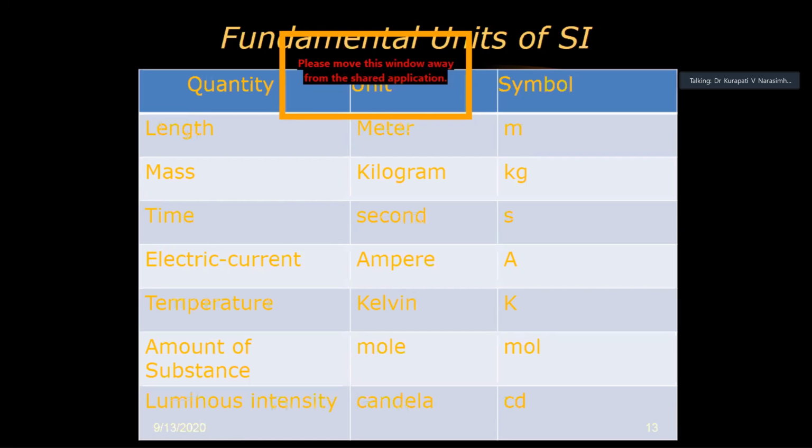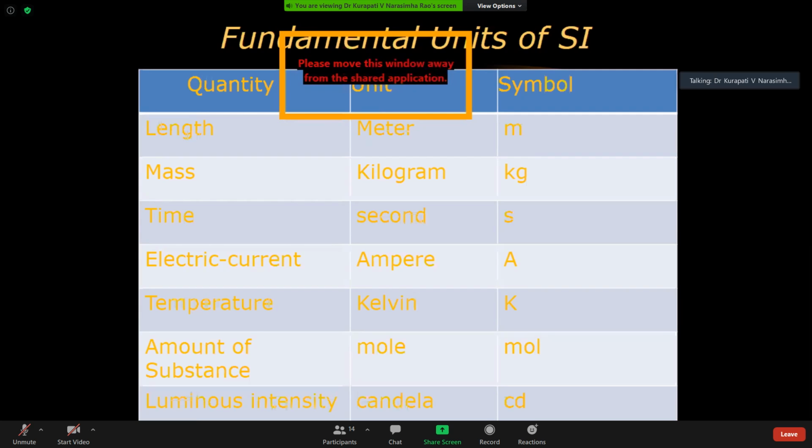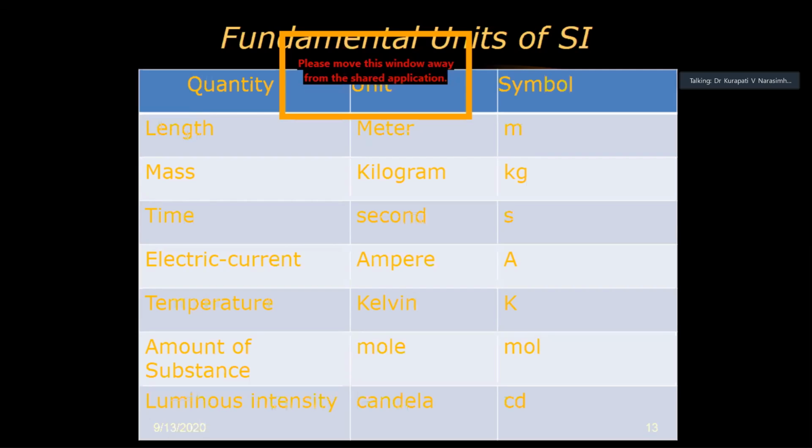Temperature is very important because just now I told you thermodynamics is the study of heat in a way, but it is something more, which I am going to tell you as we complete this topic in the next few minutes or so. Temperature is measured in Kelvin, and 0 degree centigrade is equal to 273.15 Kelvin. When you write Kelvin, don't put a degree symbol. Please try to understand here.